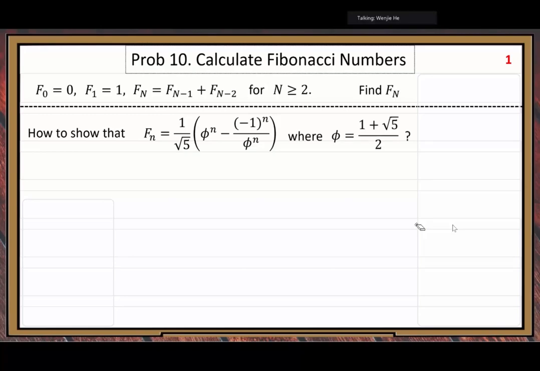Golden ratio is another irrational number. Rational, irrational number. So phi to the n minus negative 1 to the n over phi to the n. So you can see here, I talk about rational and irrational numbers.